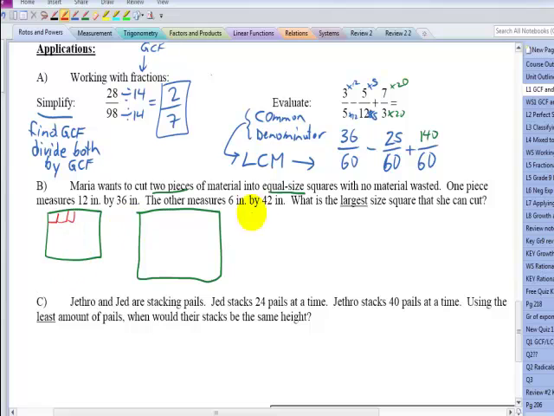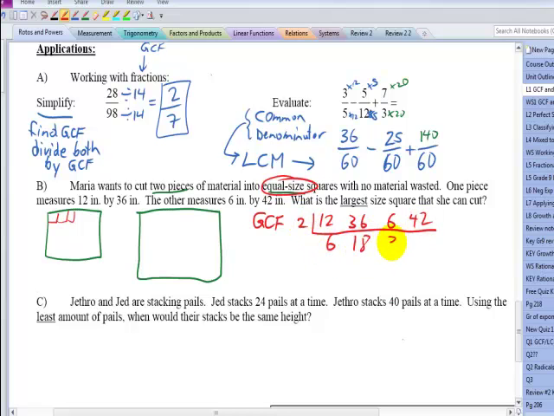So what we have to do is find a GCF. So we have 12, 36, 6 and 42. We have to find the GCF. What can we divide all 4 numbers by? Always check 2 first. Are they all even? Good, so it works. Divide by 2. 6, 18, 3, 21.